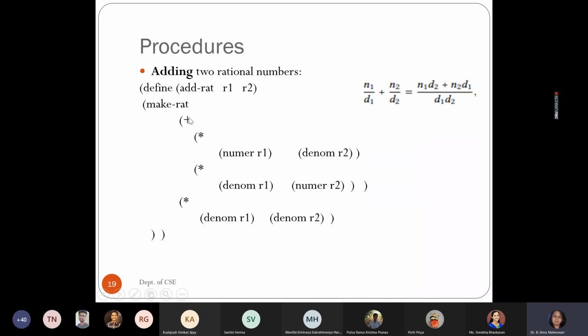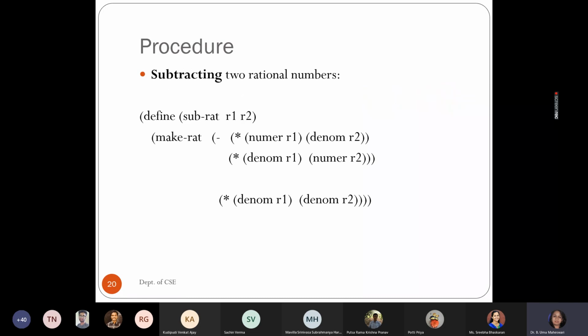One value is this expression, another value is this expression. So what it will do? It will construct a cons with the first argument this one, the second argument this one. So this is how I can write addition of two rational numbers, right?